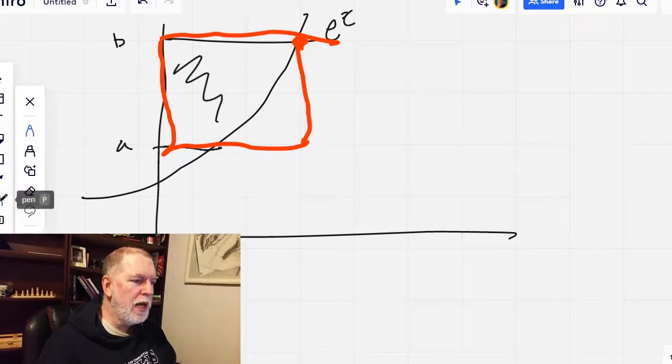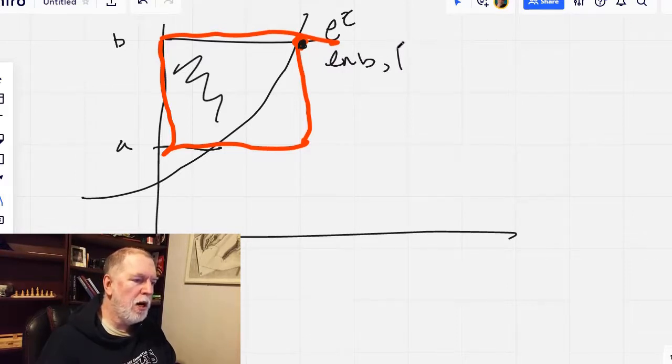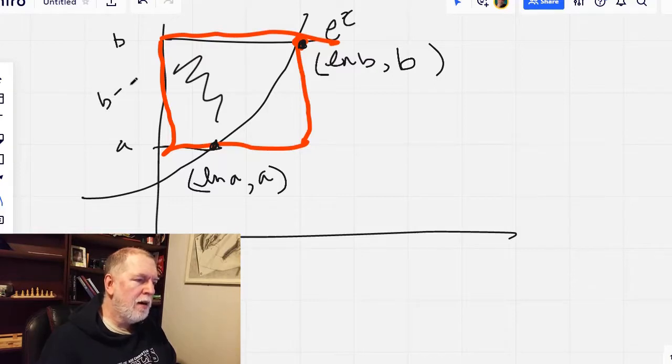So this point here, that's log b comma b. And this point here, that's log a comma a. So this is b minus a, this side of the rectangle, and this side here is just log b.